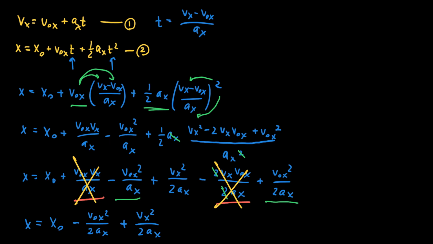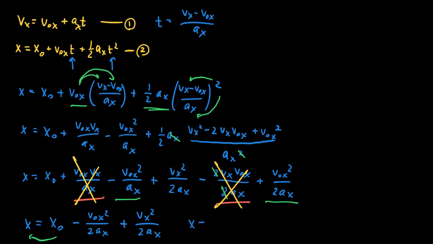And so what I could do here is subtract the initial position to the left-hand side of the equation. I could multiply both sides of the equation by 2 times the acceleration, and then I'll have a relatively simplified equation. I'll write one more intermediate step.